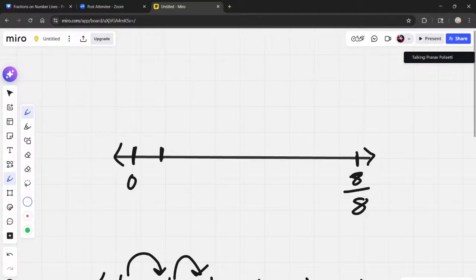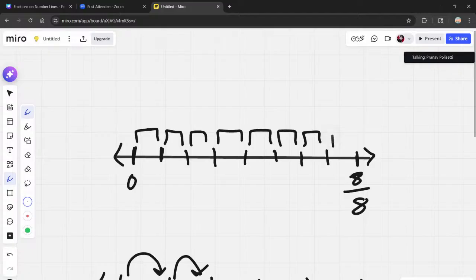So as you can see, this is one equal piece, and then this is the second, and then we keep doing that. So now we have 1, 2, 3, 4, 5, 6, 7, 8 pieces, right? So now we understand that we split the line into 8 pieces.